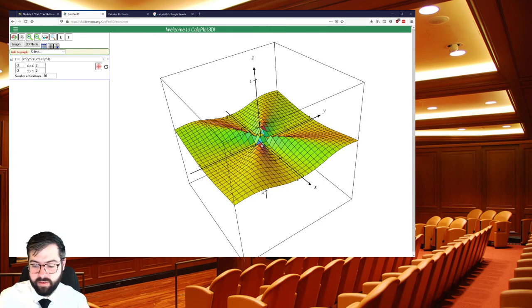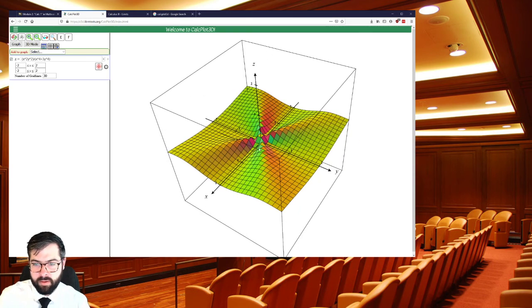All right, so this is this beast. Maybe I can change how many grid lines I have, up the fidelity of this thing.